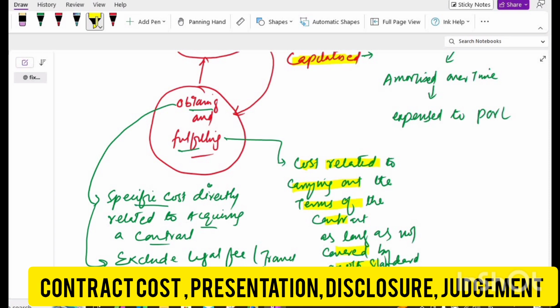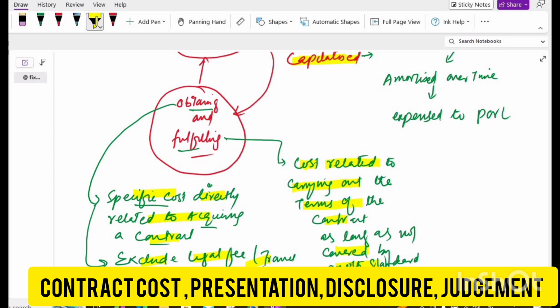And obtaining a contract is a specific cost that is directly related to acquiring the contract, and you should exclude the legal fees or traveling costs that have been incurred regardless of the contract. Clear?